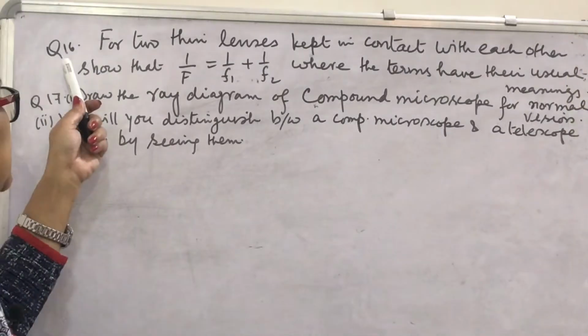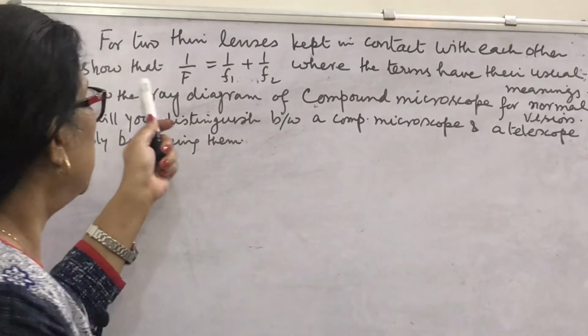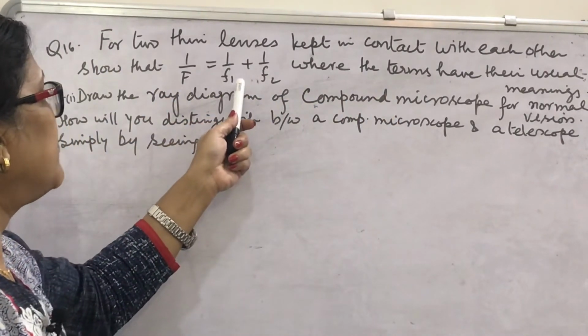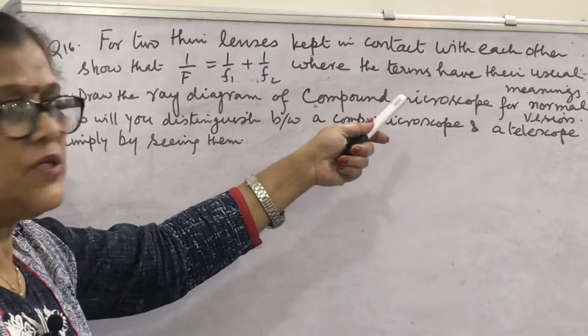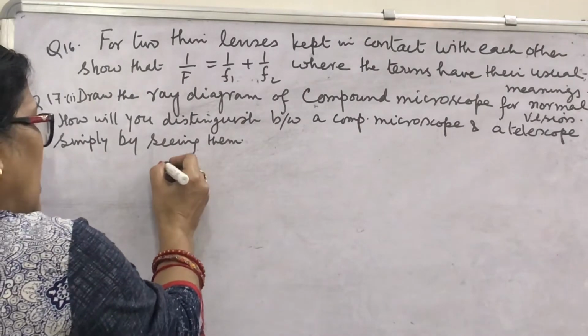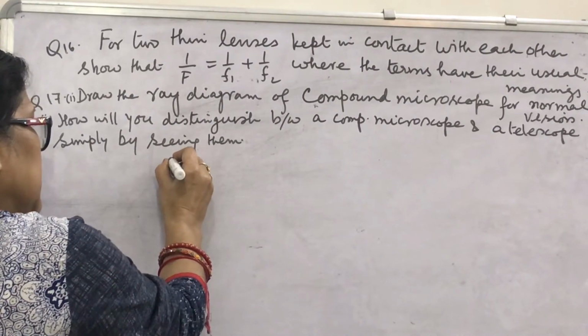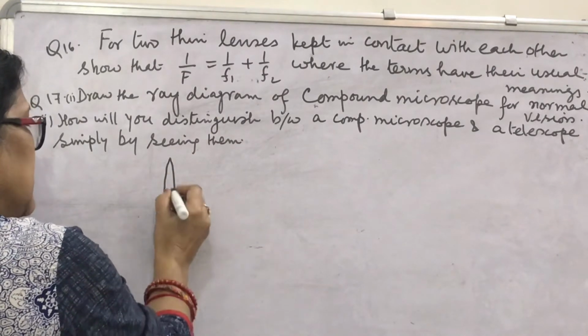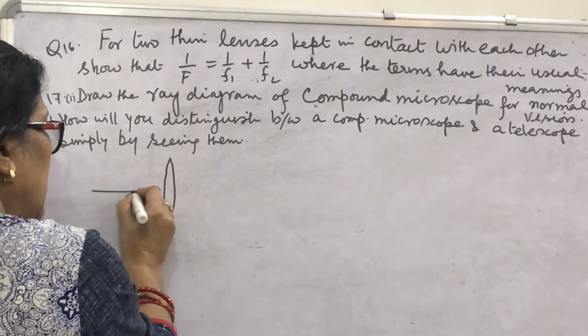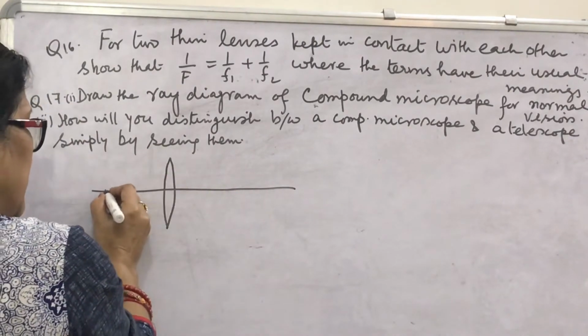See question 16. For two thin lenses kept in contact with each other, show that 1 upon f equals 1 by f1 plus 1 by f2, where the terms have their usual meanings. How to solve this question? First of all, we suppose that this is the first lens, which is a thin convex lens, and an object is placed here in front of it.